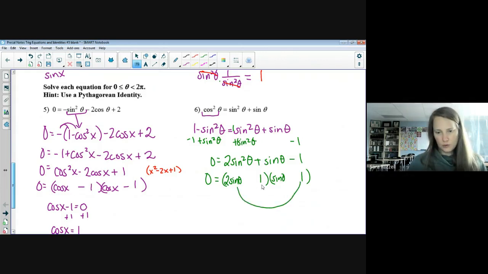So let's see what we need to do with our plus and minus. That's going to be 2 sine theta. And that's 1 sine theta. And I need a positive 1. So which one of these needs to be the negative? Which one do we need to subtract? Do we need to subtract the 2 or the 1? Make a positive 1.